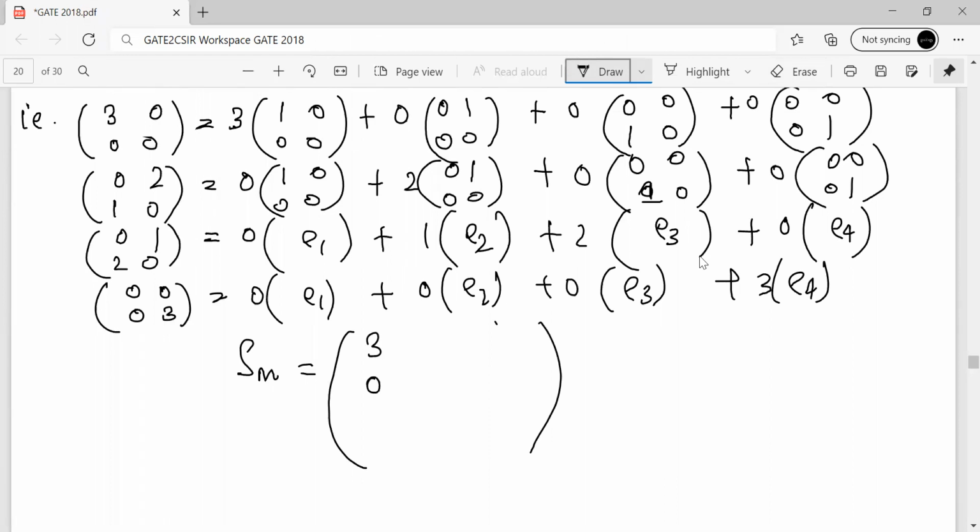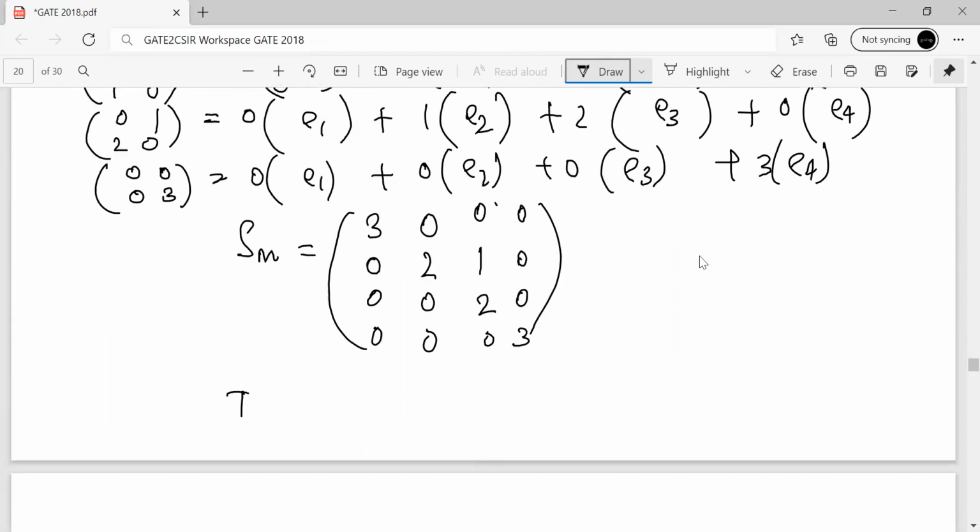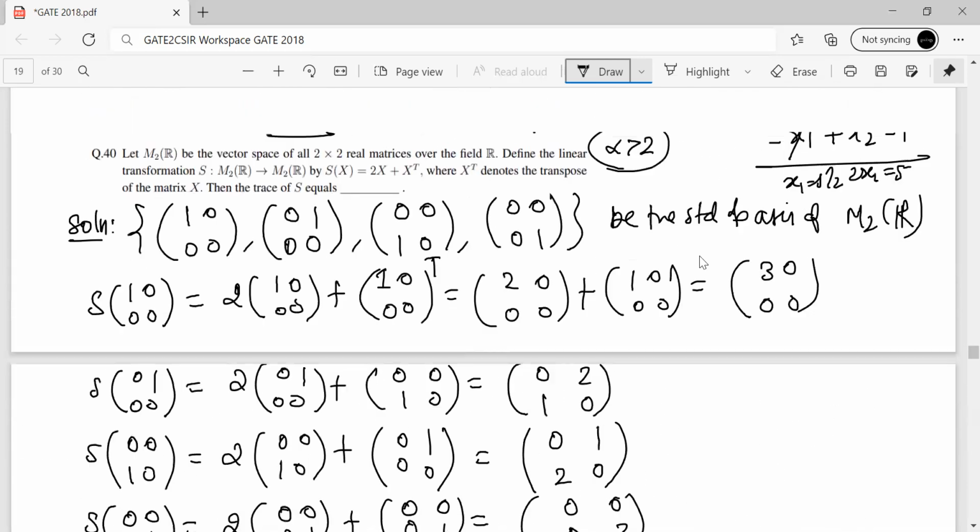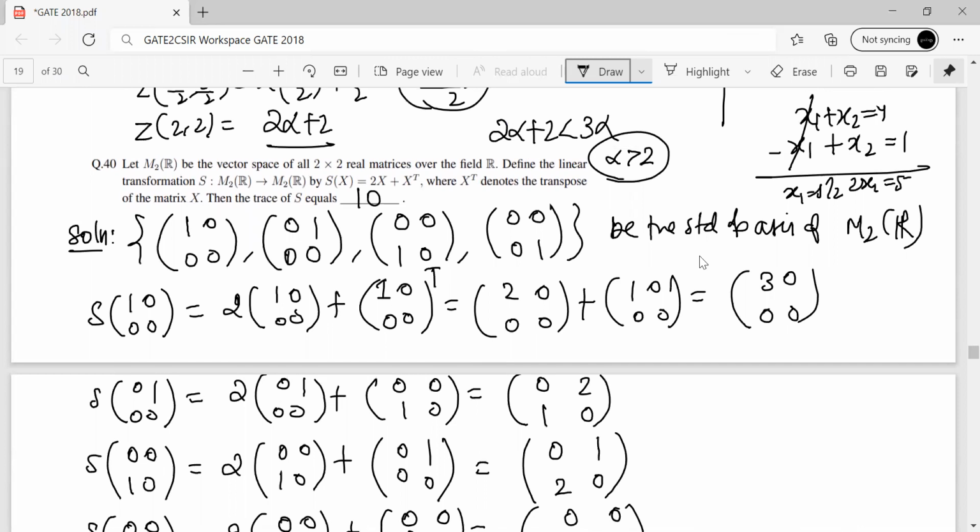So 3, 0, 0, 0, 0, 2, 0, 0, 0, 1, 2, 0, 0, 0, 0, 3. Okay. So trace of S is equal to 3 plus 2 plus 2 plus 3. So that gives me 10. So the answer is 10.